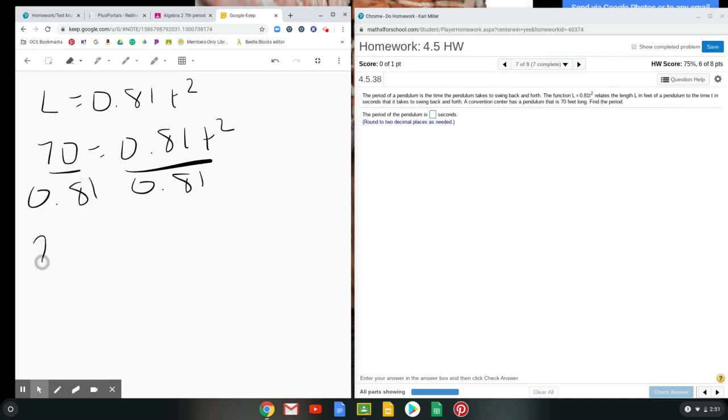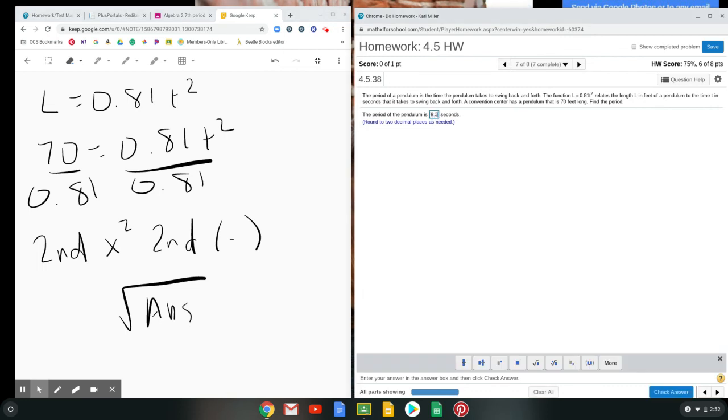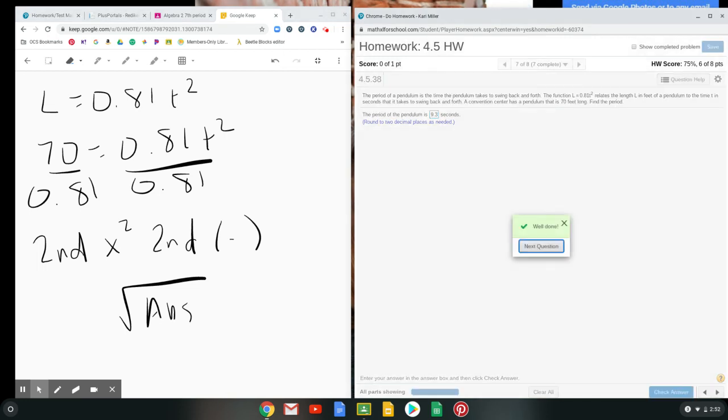And then you're going to do second x squared button, second the negative button, and it's going to bring up the square root of the answer. And then you're just going to round to, this one it says 2 decimal places again. And so that will be 9.30, where it should just take 9.3. And it does.